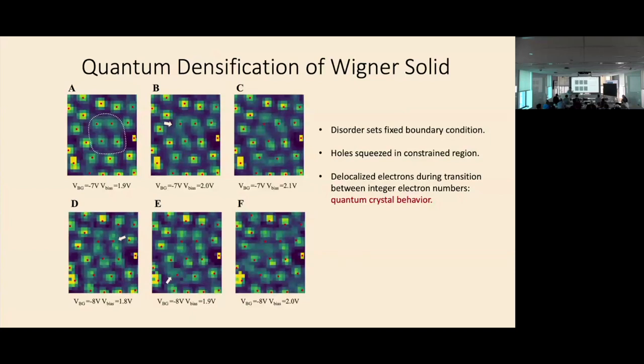In the ideal Wigner crystal, the picture is pretty straightforward. When you increase the density, everything will just shrink homogeneously. But now with the disorder, the situation is rather different and maybe a little bit more interesting. Because there are some points that are fixed, you cannot have a homogeneous change.